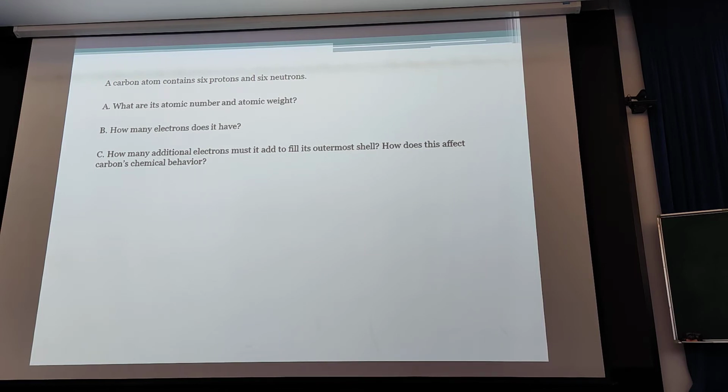The most stable state is when it shares 4 electrons with other atoms, so they can form 4 covalent bonds with other atoms, right?